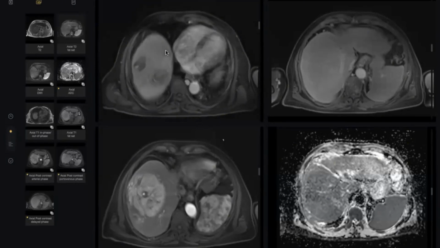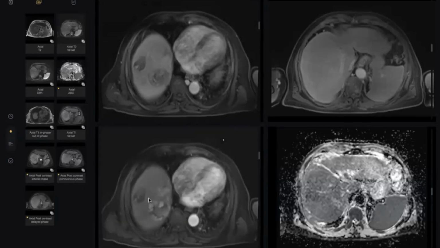The key here is the smaller ones, because they show good washout. See here hyper enhancement, and here good washout.